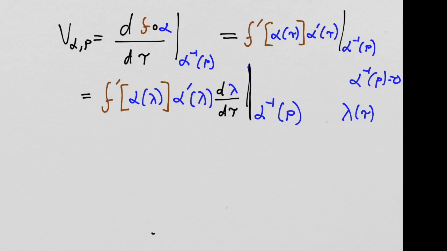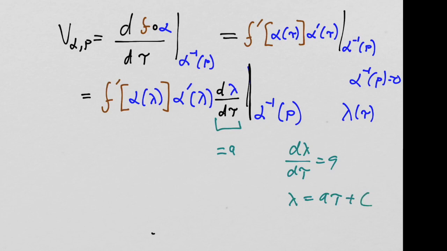If I take d lambda d tau and set that equal to a, which is another way of saying that lambda equals a tau plus c, but because I want alpha of lambda at 0 to equal alpha of tau at 0, which has to equal, wait a minute, hold on.